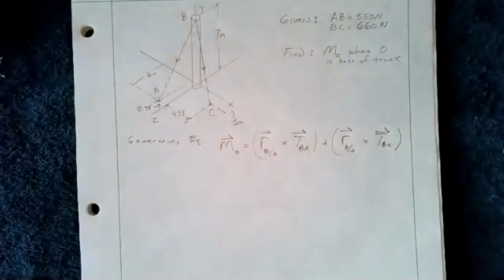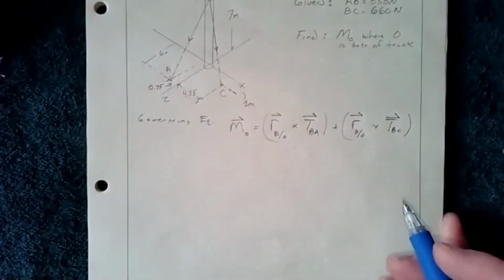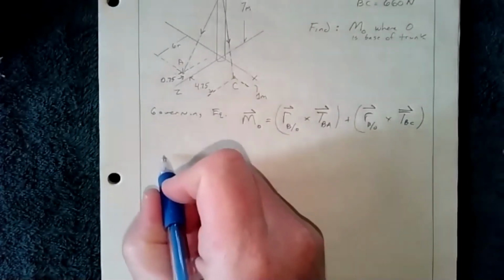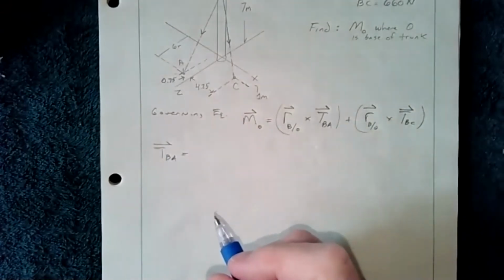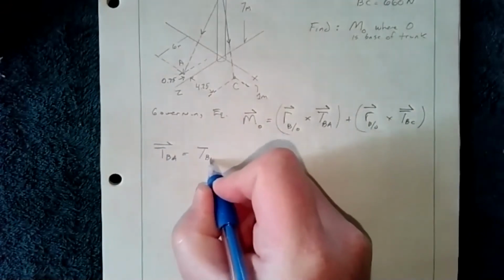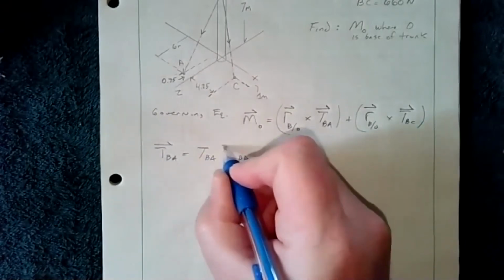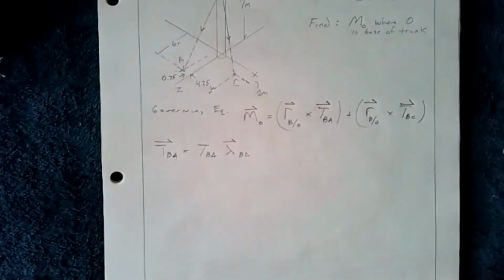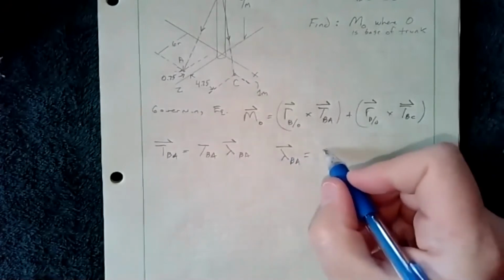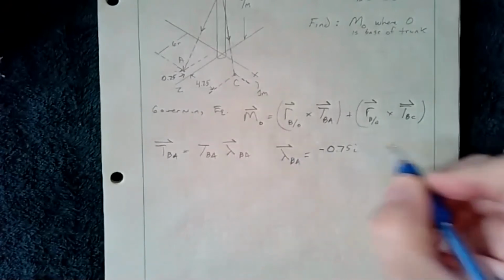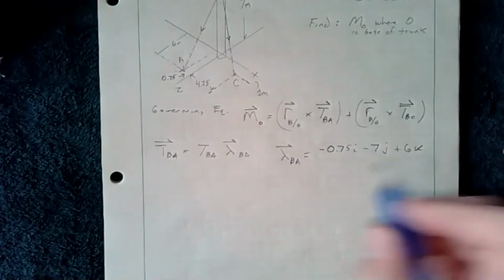So let's go ahead and figure out BA and BC. This first part is just out of chapter 2. We know that tension BA is going to equal tension BA scalar times lambda BA. And lambda BA is just going to equal negative 0.75 I minus 7J plus 6K.